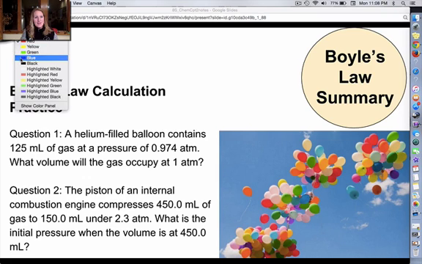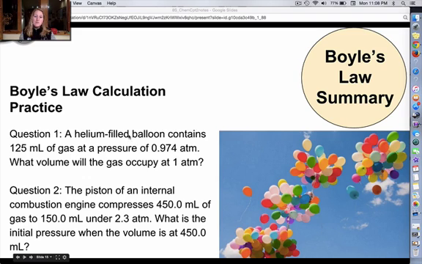Let's say that a helium-filled balloon contains 125 milliliters of gas at a pressure of 0.974. So you're going to see mostly atm as the pressure unit, and this is, of course, the volume unit.